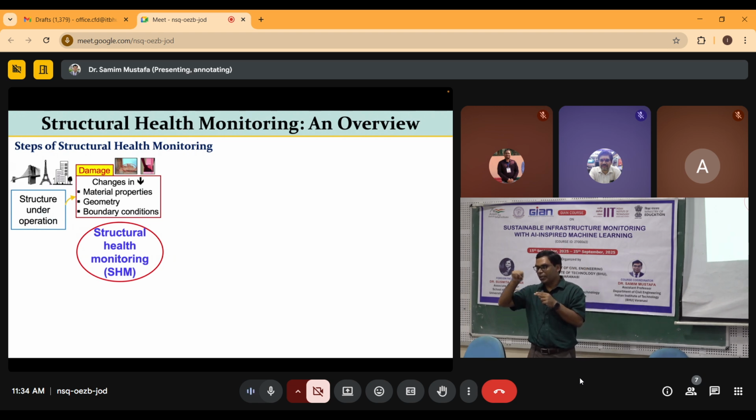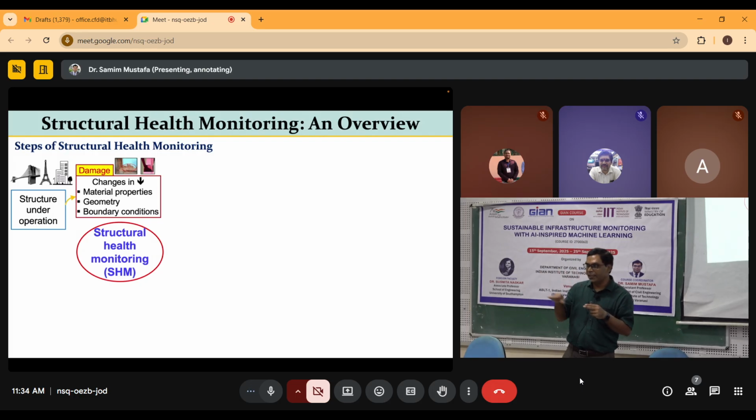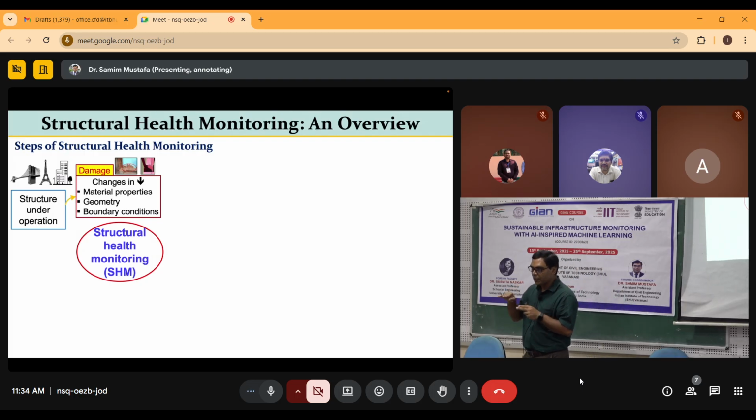In the stiffness formula there is not only material property, there is a geometric property also. L is there, B is there, and I is there, the moment of inertia, B D cube by 12. So all of these things are taken care of by stiffness. If there is a reduction of thickness or reduction of material property, there will be reduction in stiffness.